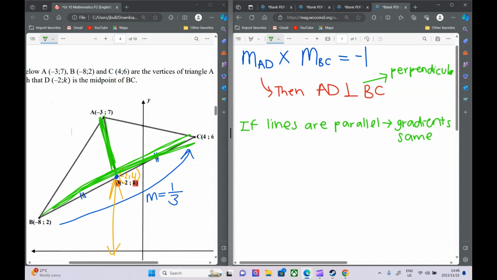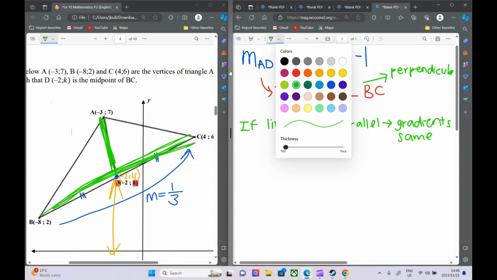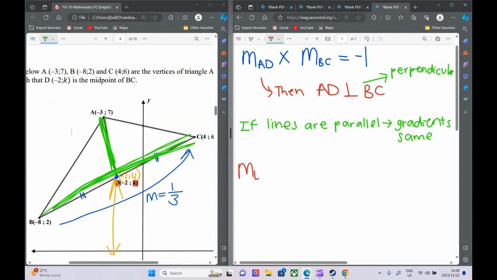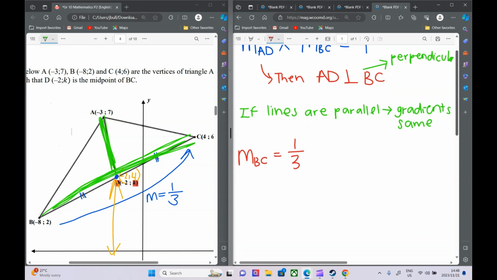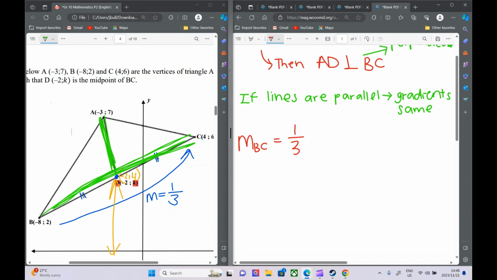Okay, so we already worked out the gradient of BC. We worked it out to be 1/3. Let's quickly work out the gradient of AD. So we've got A is -3, 7.